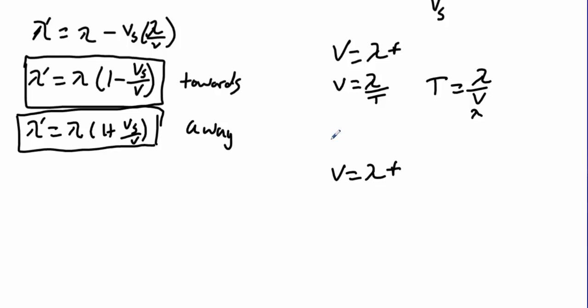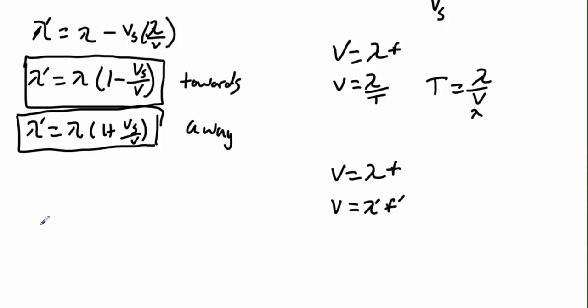So if I want to make a replacement for frequency, I want to solve this equation. The velocity of the wave is not changing, but because we have a new apparent wavelength, lambda prime, we're going to get a new apparent frequency, frequency prime. So we're going to substitute this equation in here and solve it for frequency.